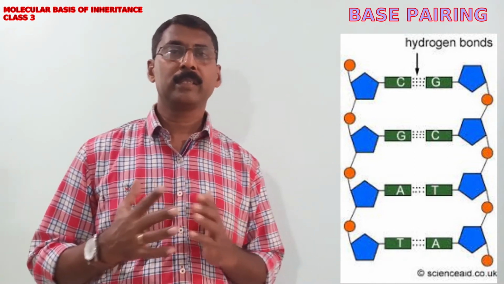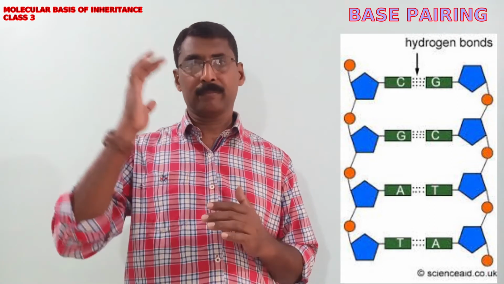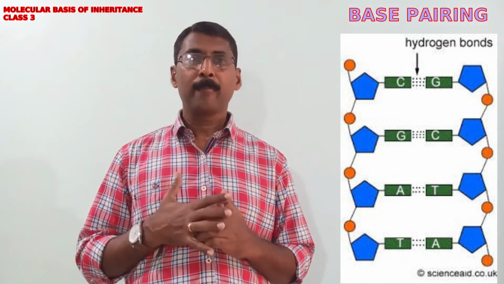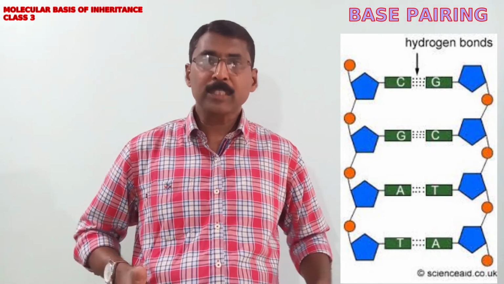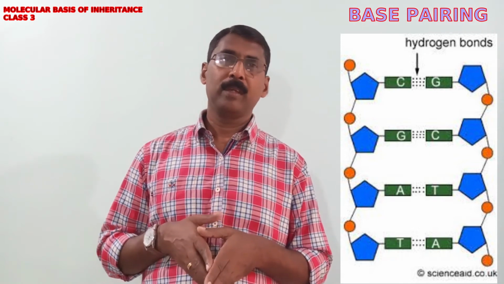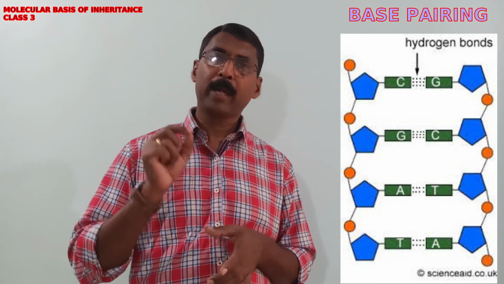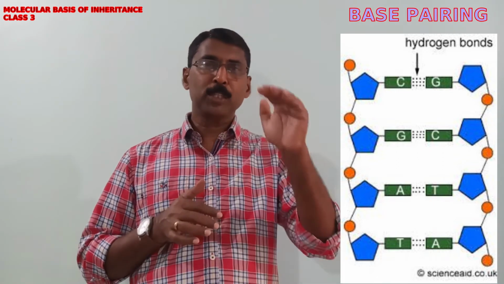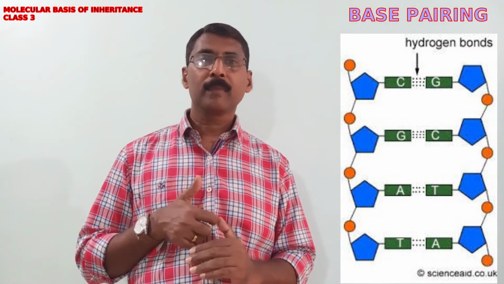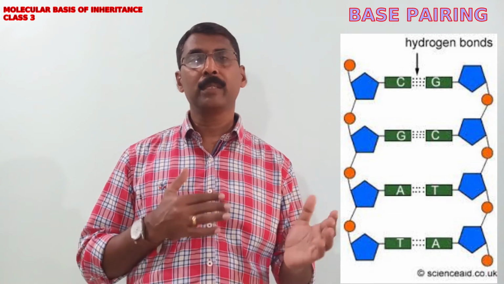So DNA is a molecular ladder where the side railings of the ladder are made up of the sugar phosphate backbone, and the steps of the ladder are made up of base pairing between the nitrogen bases.